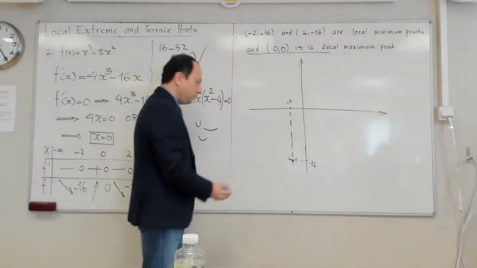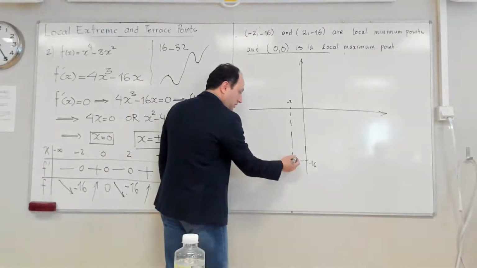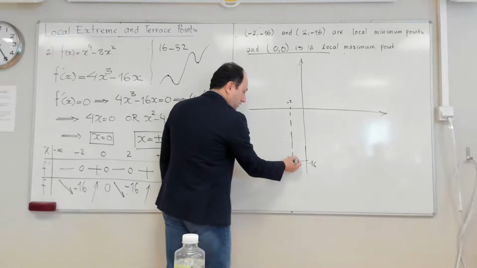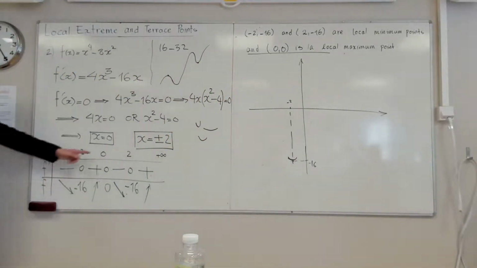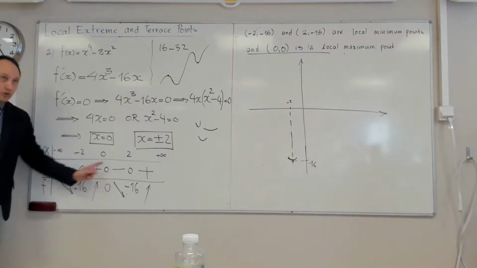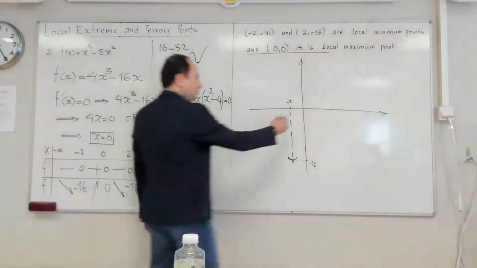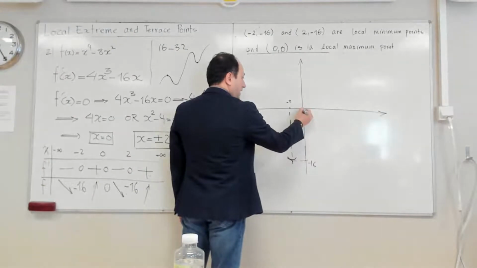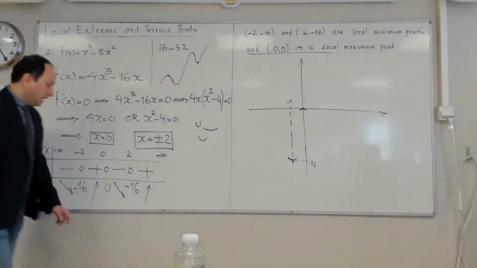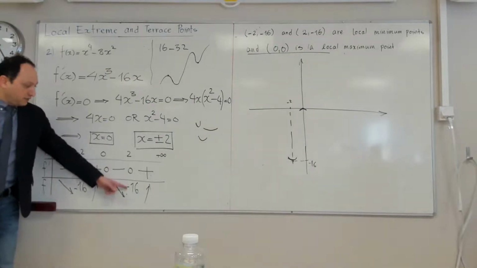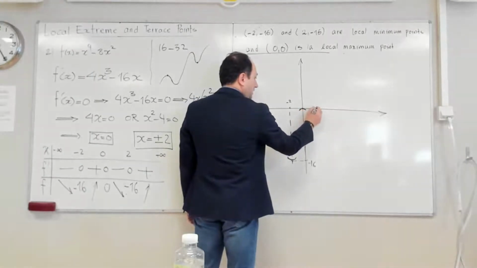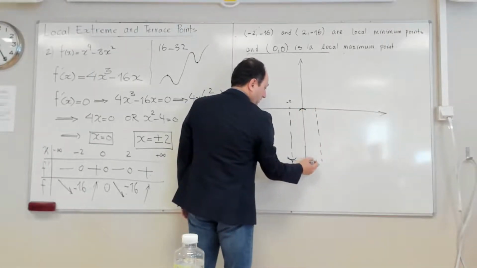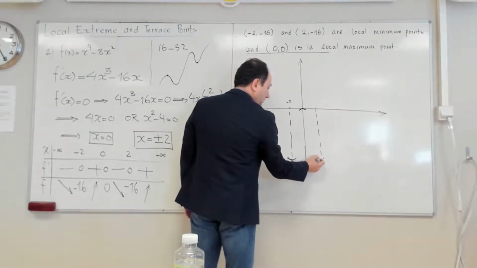But the behavior of the function at the minimum is something like this around that point. For 0, 0 is a maximum point, so 0, 0 is here, of course. Around this point, the function looks like this. And then I have another point, 2 and -16, with 2 here and -16 again below. It's also a local minimum, so it's something like this.